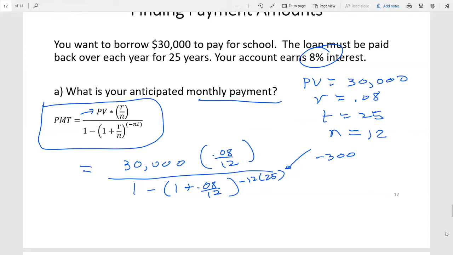And I'm going to just let you put this in the calculator, and you will find that the monthly payment is $231.54.